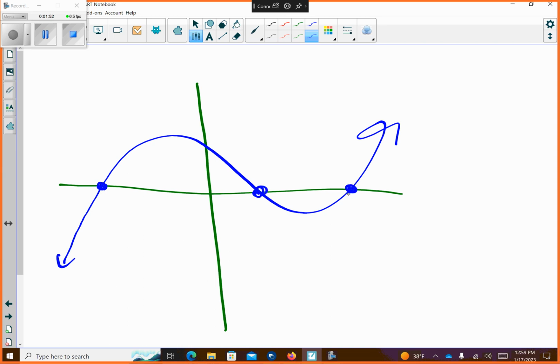I'm just making this up: let's say this is the point -5, 0, this is the point 2, 0, and this is the point 6, 0. I don't know what this equation is. It's just some arbitrary equation or some arbitrary graph.